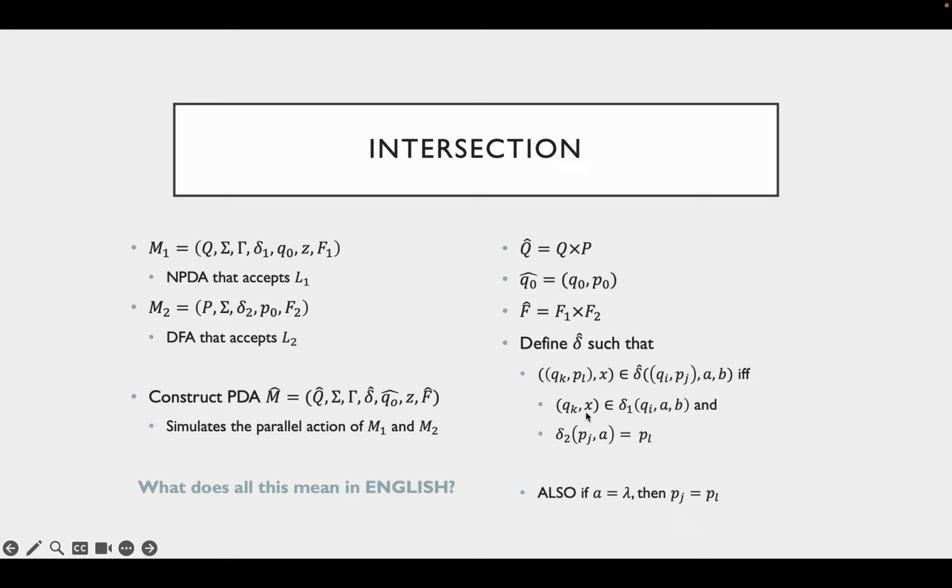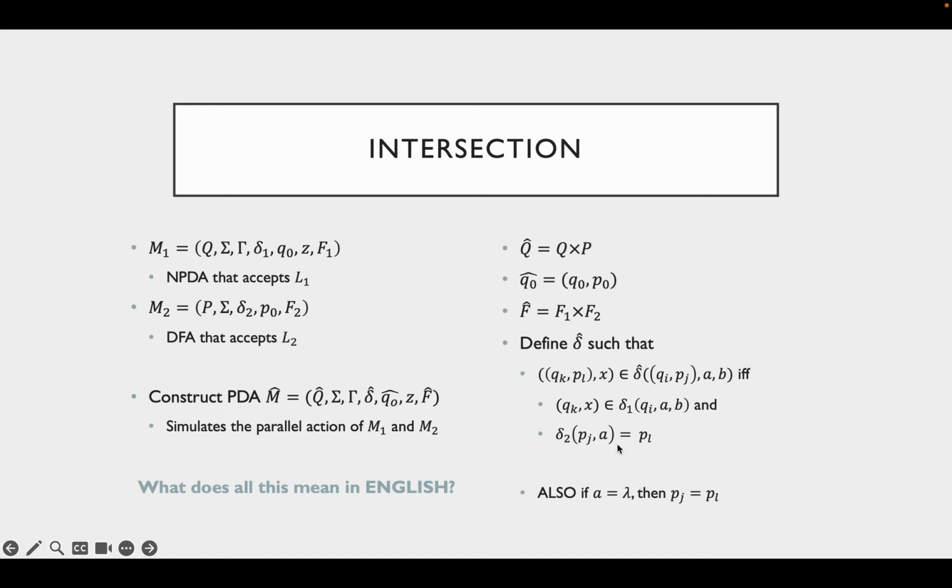But only if we also transition from PJ to PL after reading an A. So what this really means is that if we're in a particular place in M1, we read a particular input and we pop a particular symbol and we transition appropriately, and the same thing goes for M2, except all we're doing is reading, we're not pushing and popping, then if both of those things are valid transitions, then we can have the same transition in our new machine.